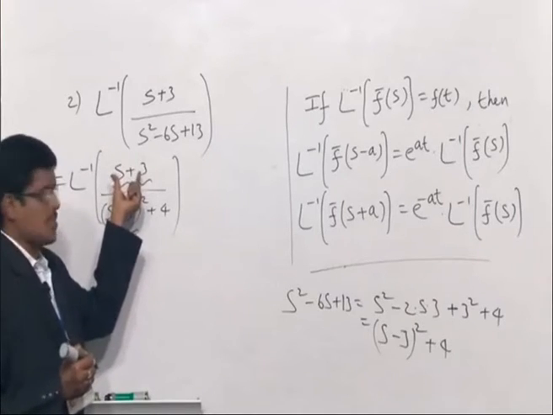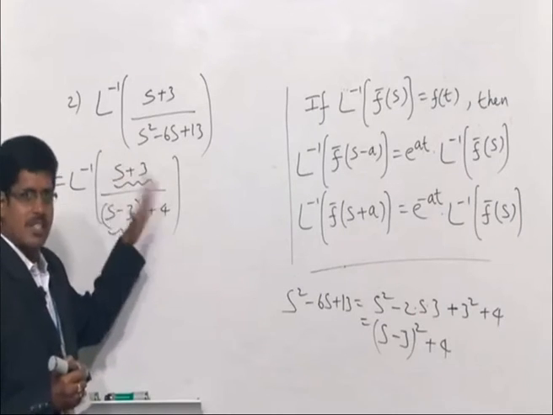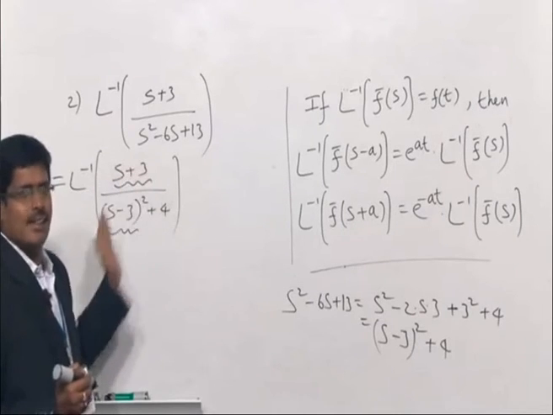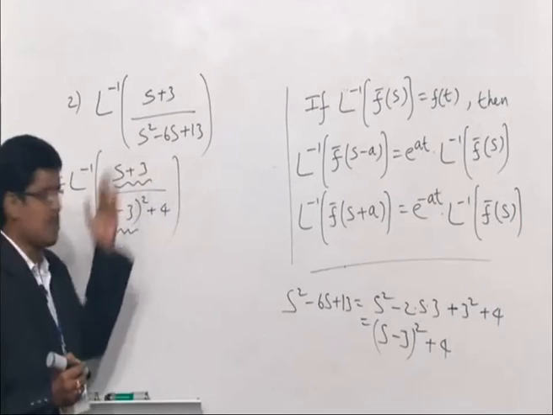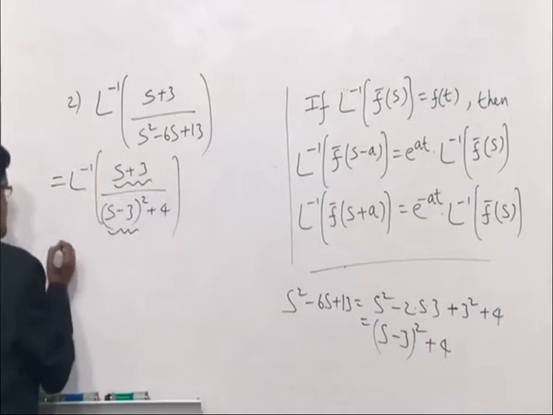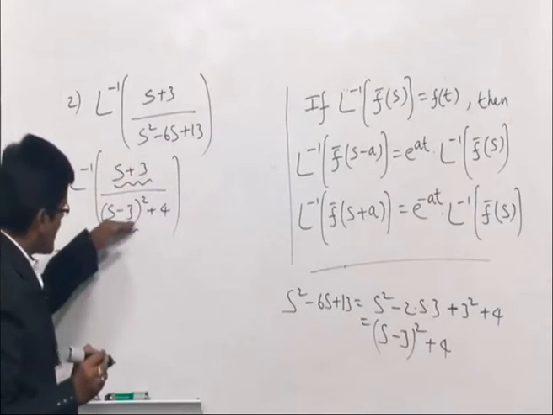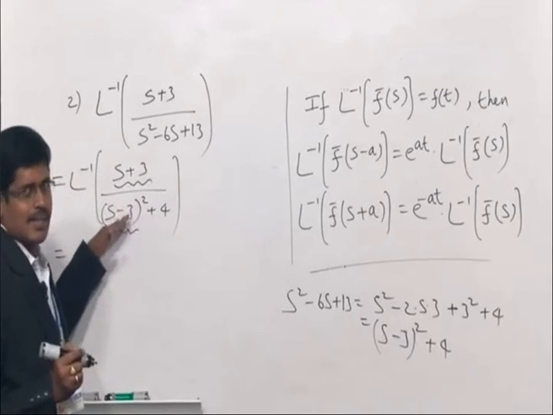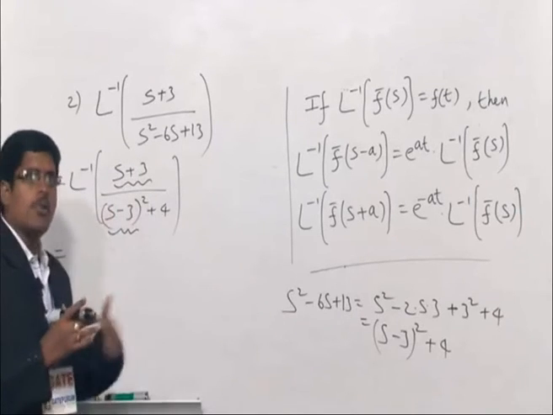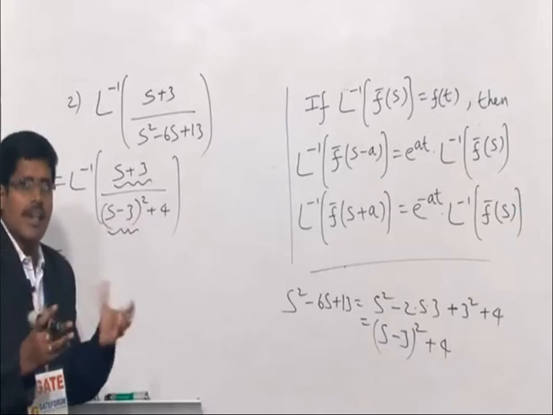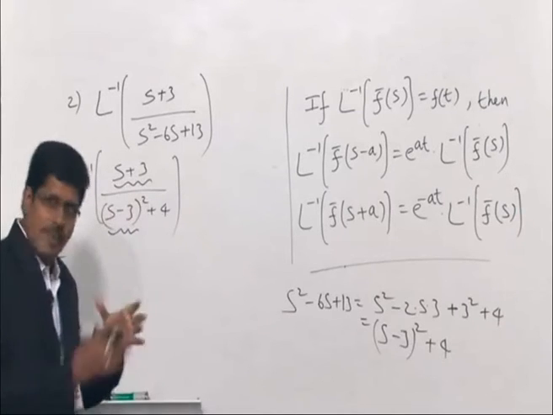It is better to make s plus 3 into s minus 3 form by subtracting 3 and adding 3. We could also write s plus 3 minus 3, adding and subtracting 3, but the problem would get complicated. In the next step we do not compare that term with any of the previous formulas.